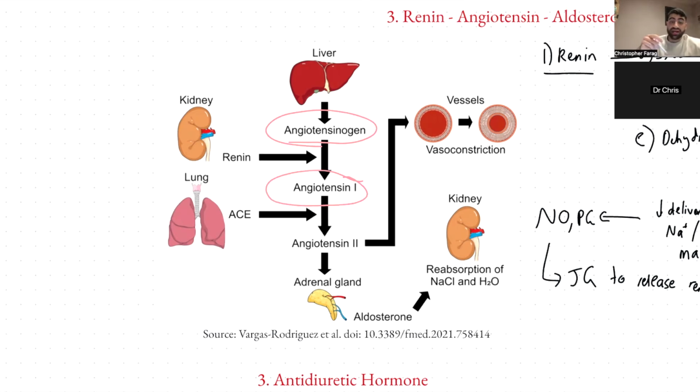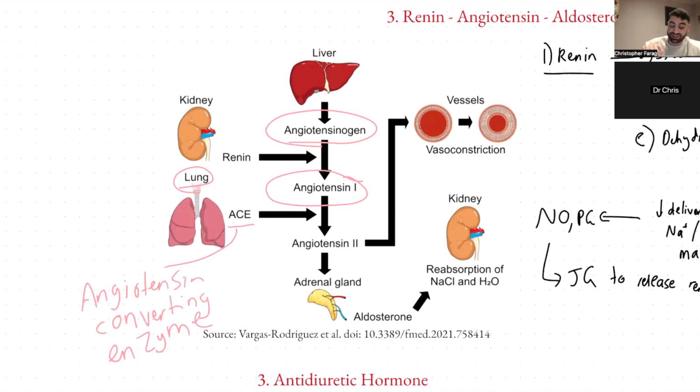Angiotensin 1, when it travels to our lungs over here, our lungs produce an enzyme called ACE, or angiotensin converting enzyme. Okay, so renin's cleaved off the angiotensinogen to make angiotensin 1, goes to the lungs, has that enzyme ACE, which converts angiotensin 1 into angiotensin 2.